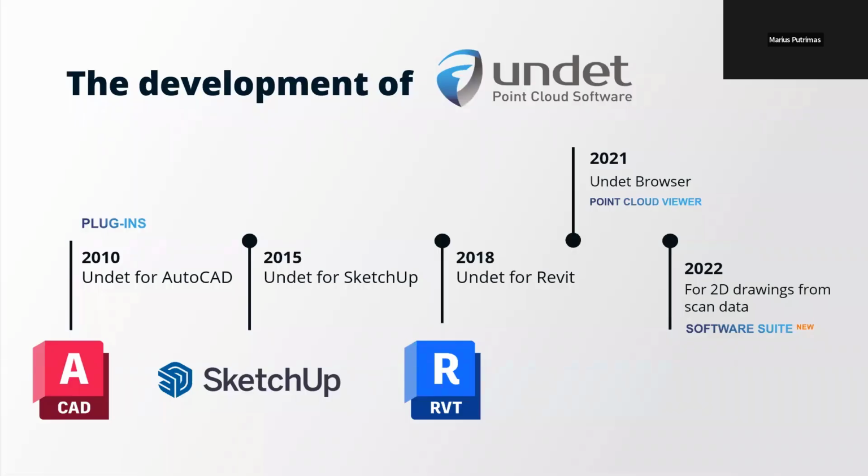Okay, so about Undead software. We started developing software in 2010 with the Undead for AutoCAD plugin, which we still have now, and we are constantly developing it further. From 2015, we developed a plugin for SketchUp, so today we'll focus on the SketchUp plugin. From 2018, we have a plugin for Revit. Last year, we released the Undead Browser point cloud viewer beta version, which was compatible only with AutoCAD at the beginning.